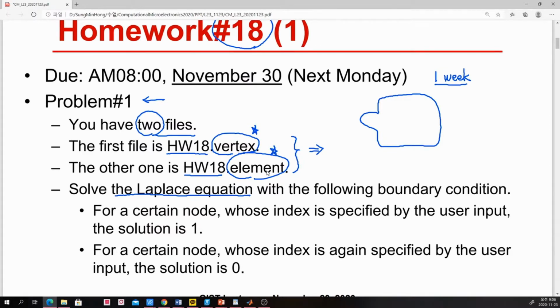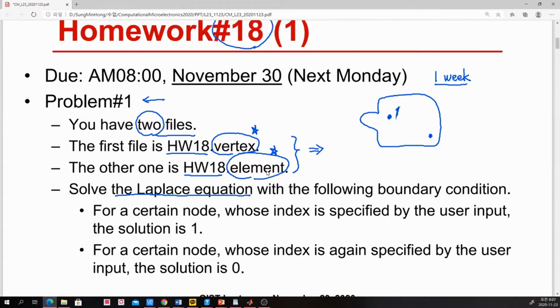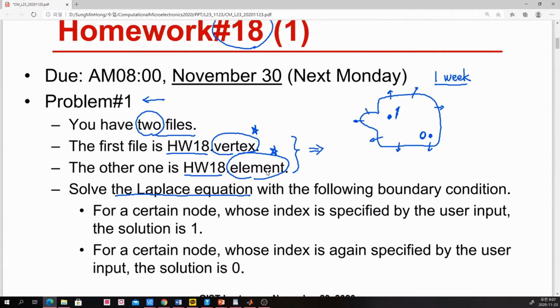Then for this system, a user can specify 2 points, one certain point and another certain point. For one point, the value of your solution is 1, and for the second node, your solution should be 0. Of course, for all other points at boundaries, please use the homogeneous Neumann boundary condition.